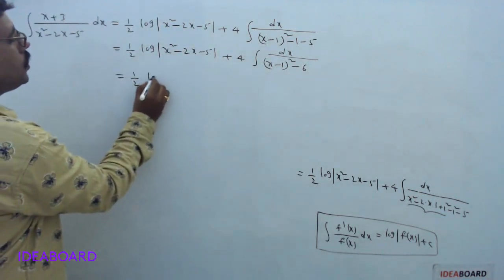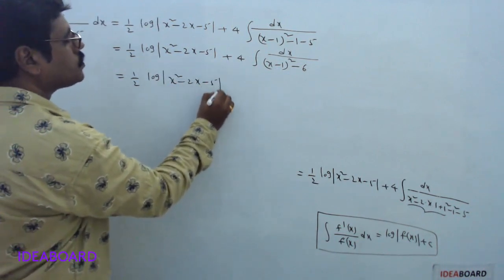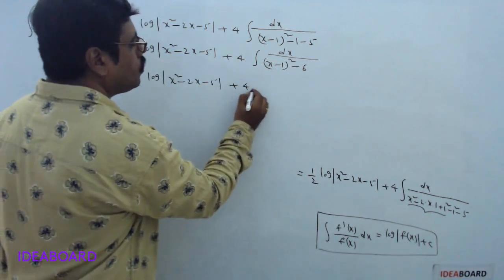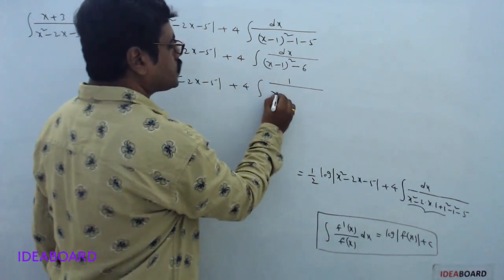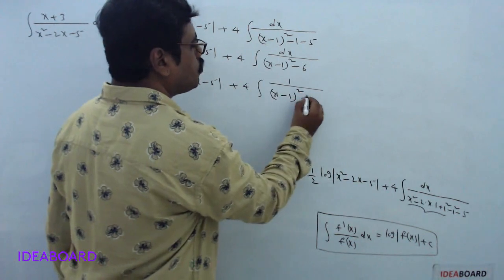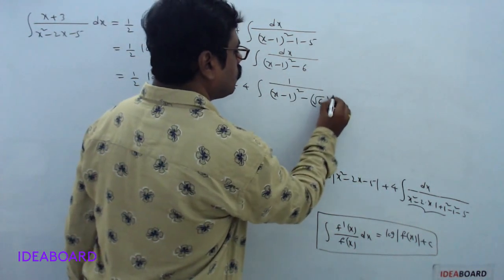Now this is 1/2 × log|x² − 2x − 5| + 4 × ∫ 1/((x − 1)² − (√6)²) dx, since 6 can be taken as root 6 whole square.